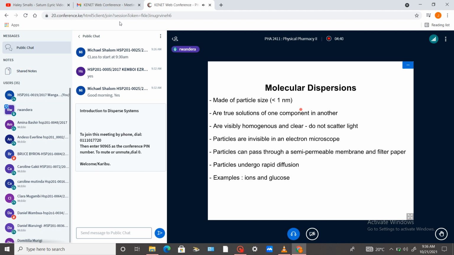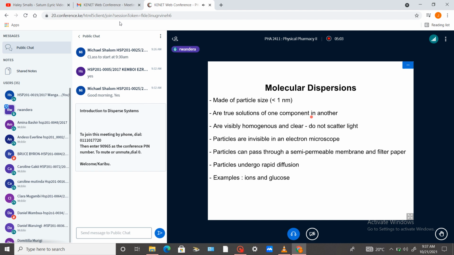They are visibly homogeneous, that is, they form very clear solutions. They do not scatter light because of their small size. Their particles are invisible under the electron microscope. Even with the electron magnification, you cannot view molecular dispersions.